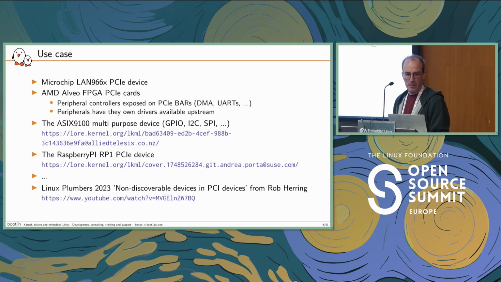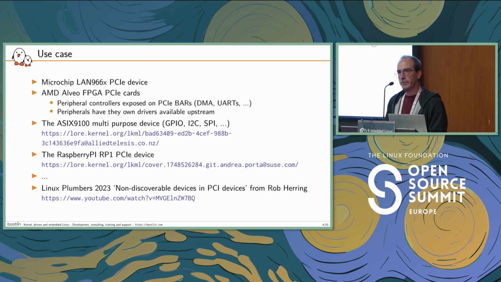This is a little bit the same for ASPEED AST2600 with GPIO or SPI buses. I know also about the RP1, the Raspberry Pi RP1 PCI board, which is currently being upstreamed. I mean, the series is under review.